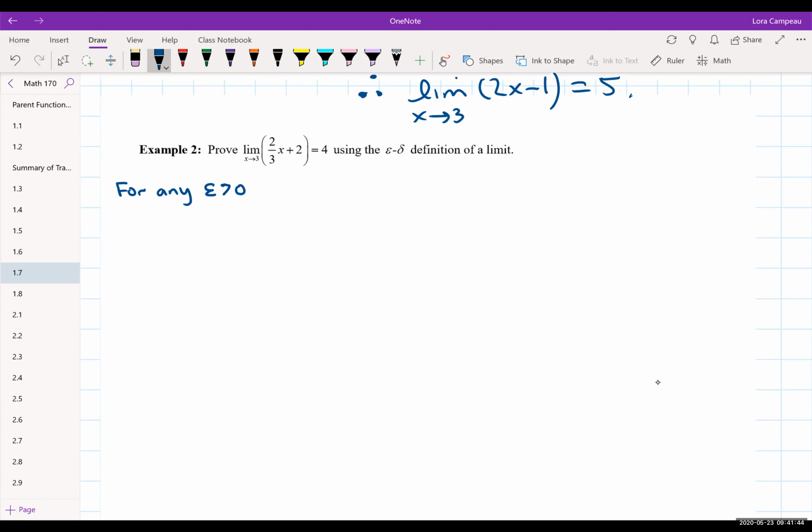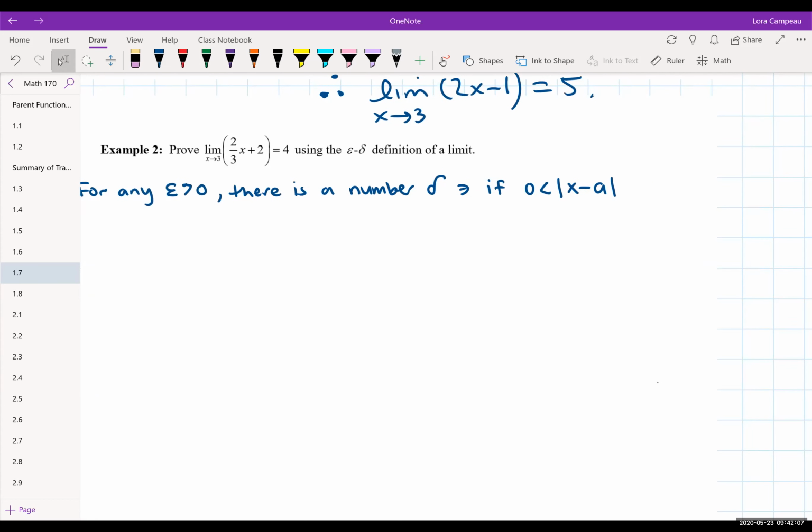For any epsilon greater than 0, there is a number delta such that if the distance between the given x value and your bounds is less than delta. So I should say delta is giving you the distance between your x1 and a and your x2 and a, if we're speaking more in pictures.